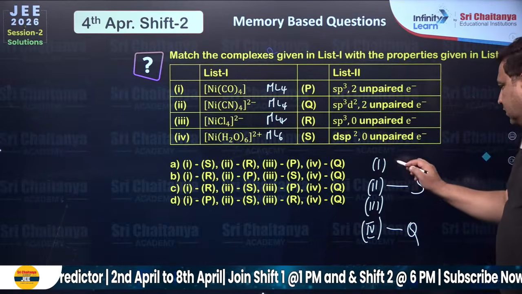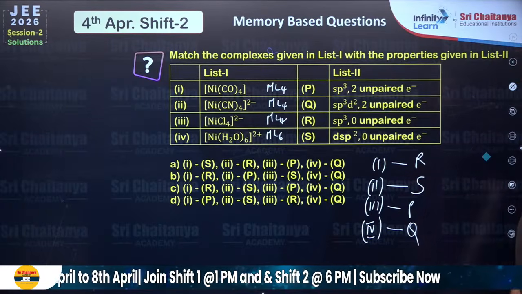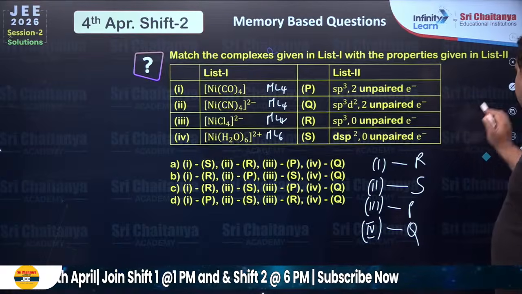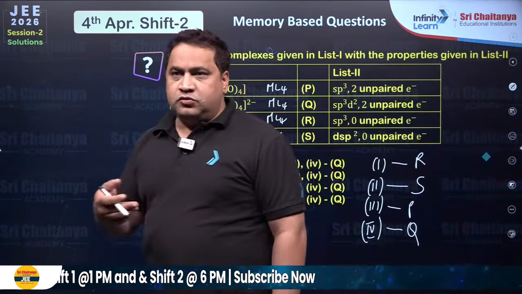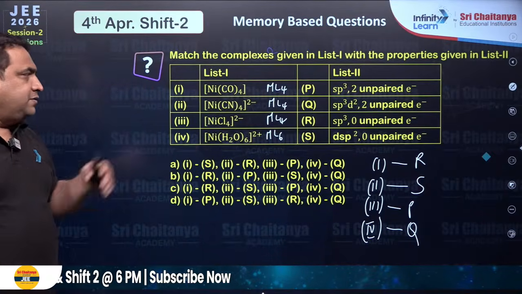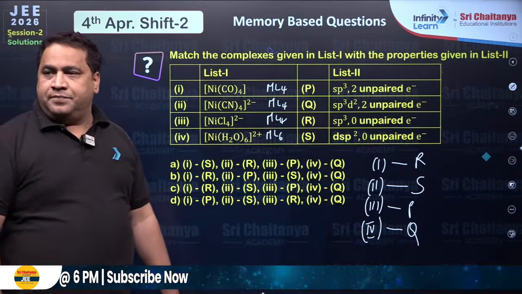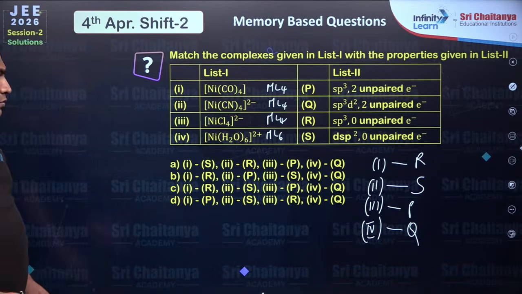So 1 is R. So this is P. Right, everyone? Srinivas maybe it didn't come in match the following. One of our students said it came in match the following. You can check whatever came and you can match with it. Okay, Srinivas, Jatin, Joy. Good and nice to see you.